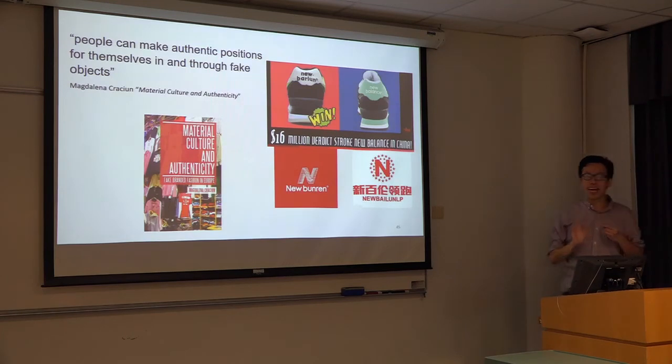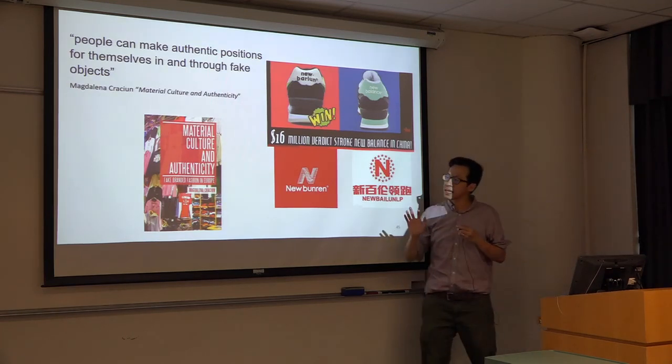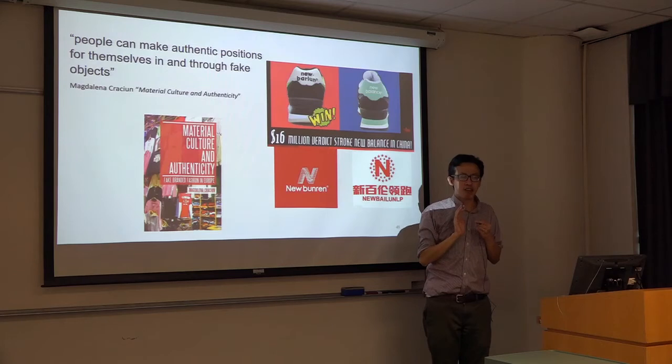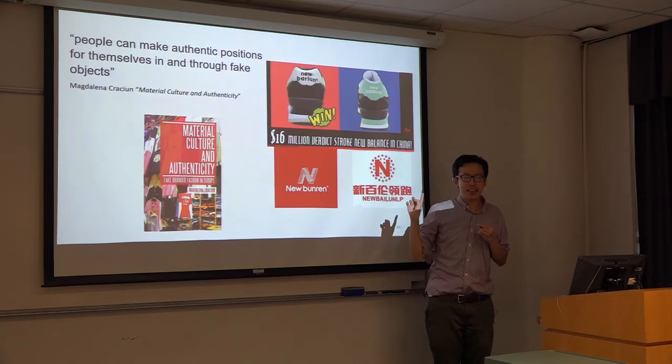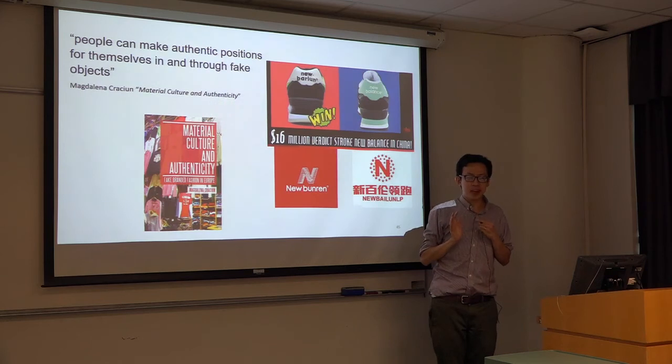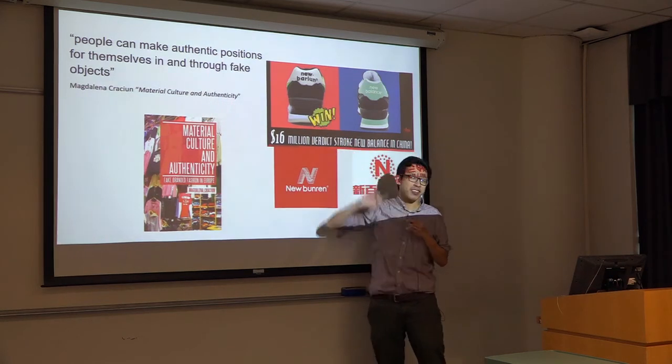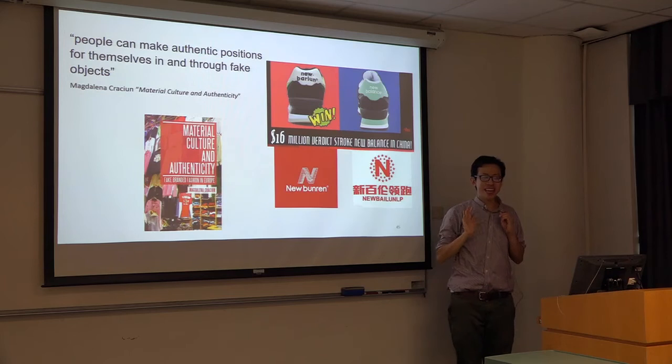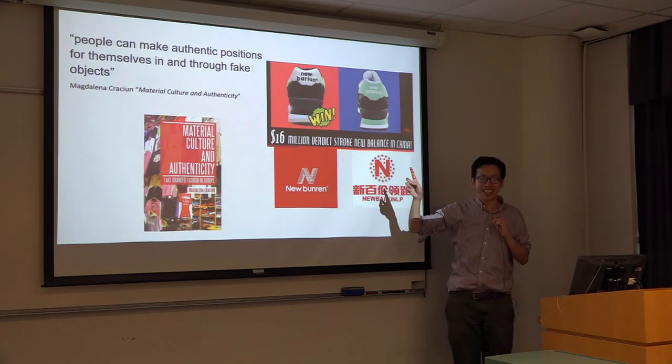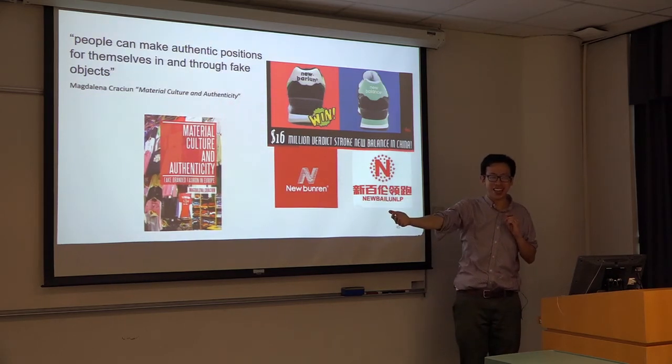They are basically a copycat of New Balance. But remember, when we say they are fake products, they're not that fake at all, because they already indicate they are not New Balance. They are just imitating New Balance, but they are not New Balance at all.